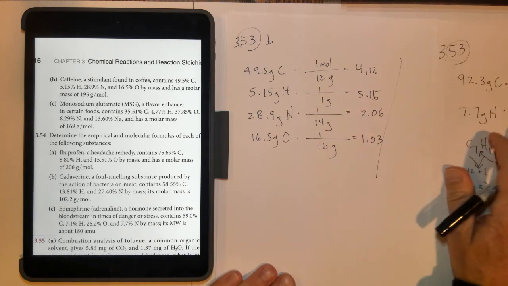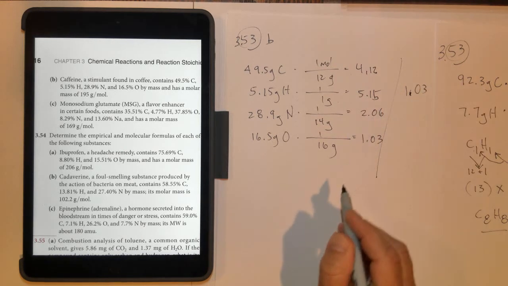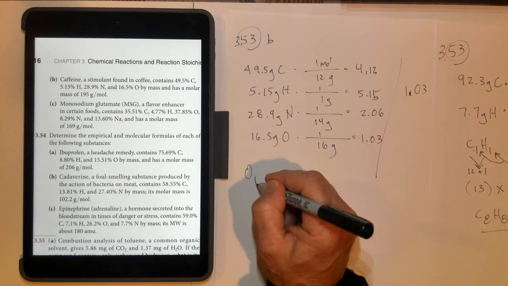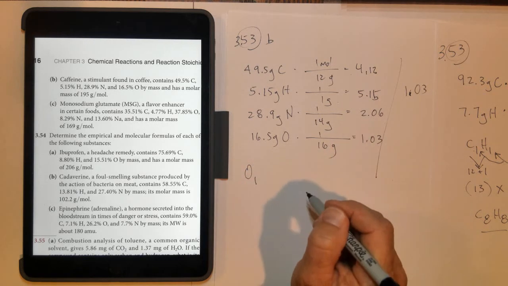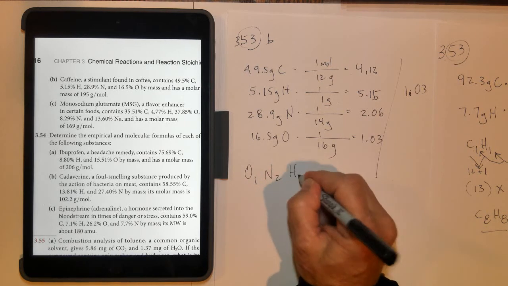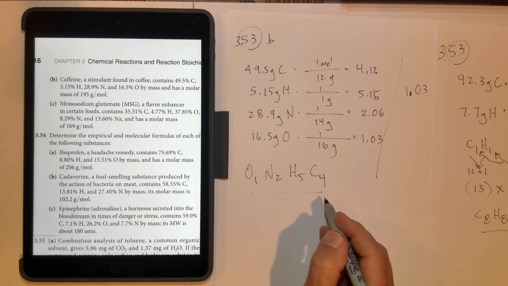Now I divide by the smallest, so I will divide each one of these by 1.03, and then when I do that, I end up with 1 oxygen, 2 nitrogens, 5 hydrogens, and 4 carbons. And there is my empirical formula.